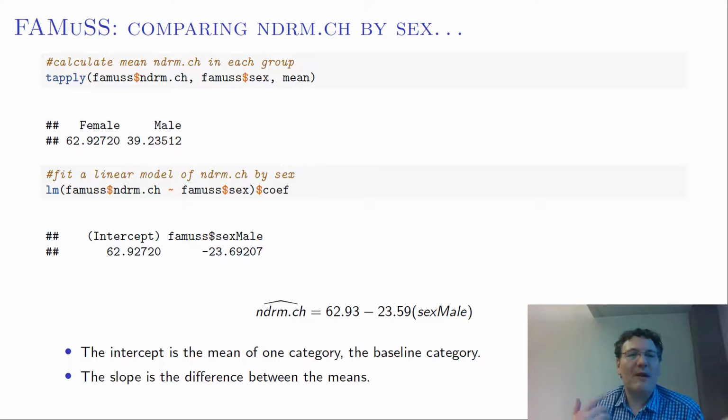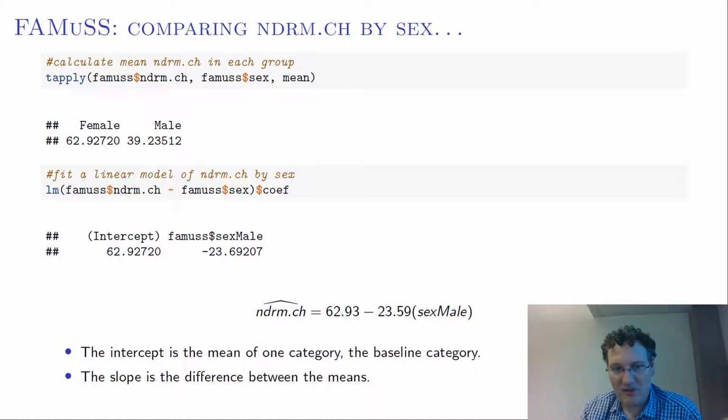So basically you take your data and you encode female as 0 and male as 1. It just assigns it alphabetically. The first one gets encoded as a 0, and so the linear model is pretty simple.